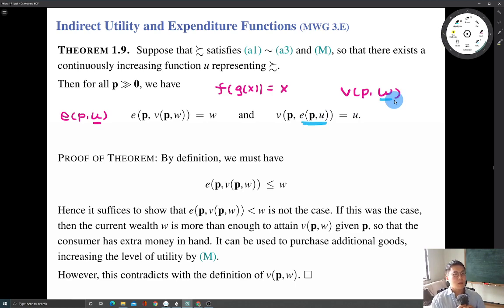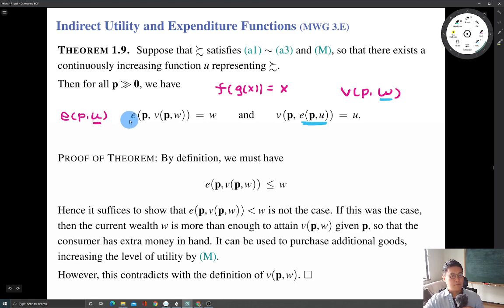And so one more implication from this theorem is that, suppose that we are given information about the expenditure function. We know what this function looks like.